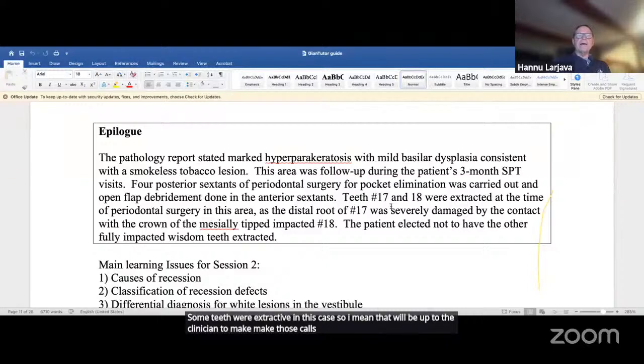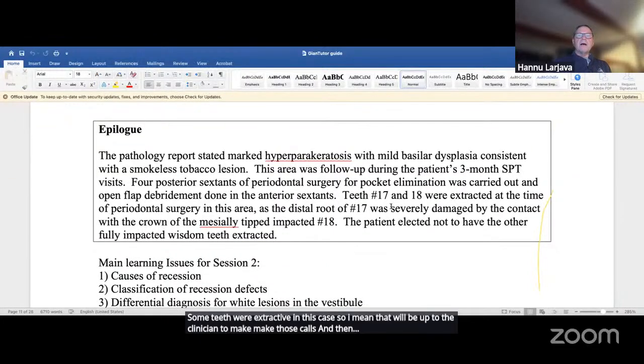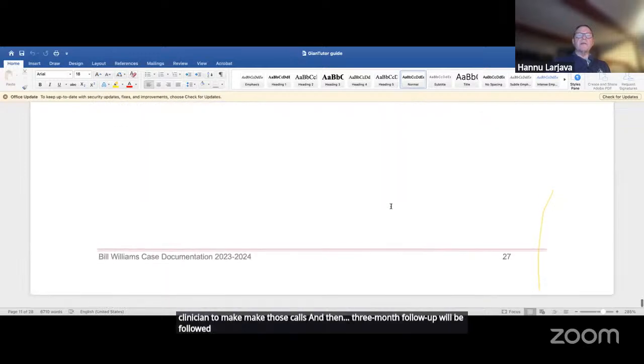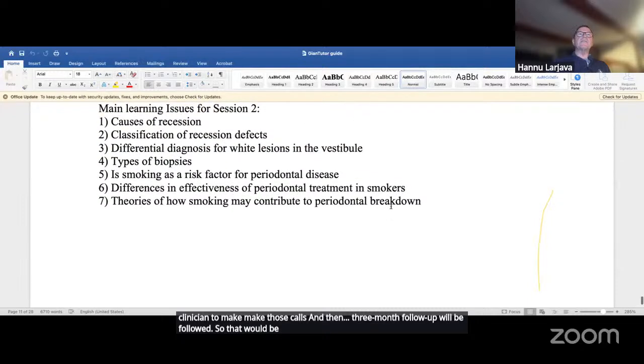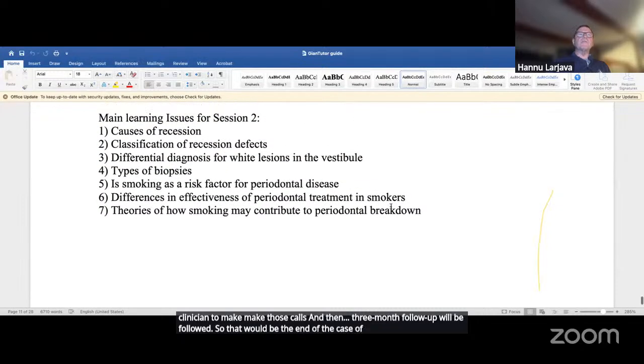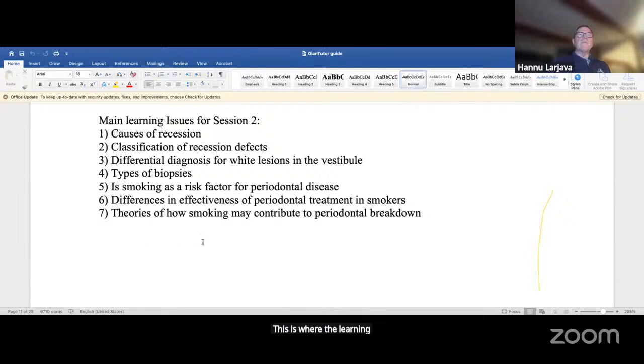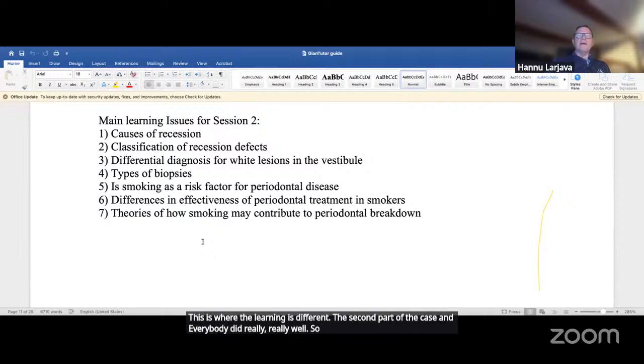And then a 3-month follow-up will be followed. So that would be the end of the case of Bill Williams. These were the learning issues from the second part of the case, and everybody did really, really well. It was somehow related to wound healing, because we did some surgical treatment and had some non-healing wounds.